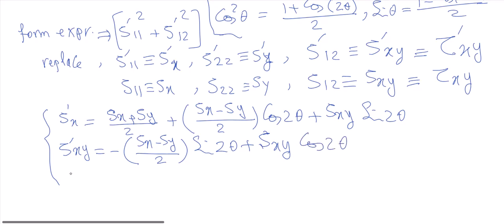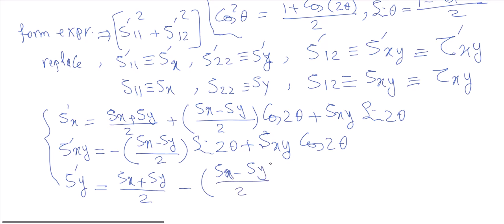And then s prime y is equal to, similar to this one with the change of sign, (sx plus sy) divided by 2 minus (sx minus sy) divided by 2 cosine 2 theta minus sxy sine 2 theta.